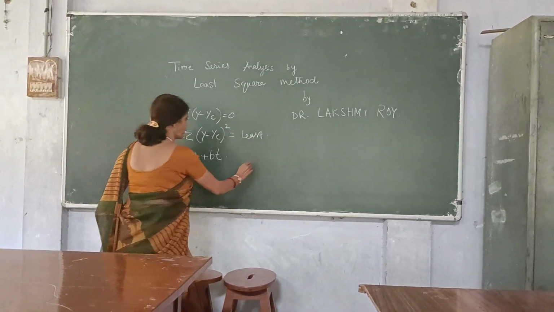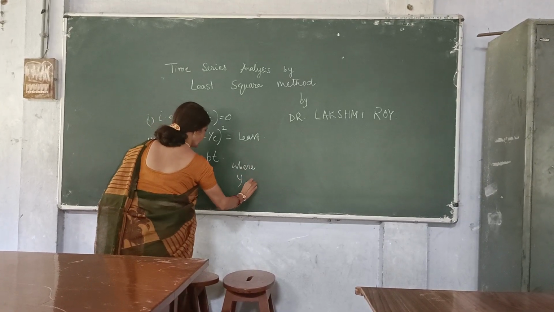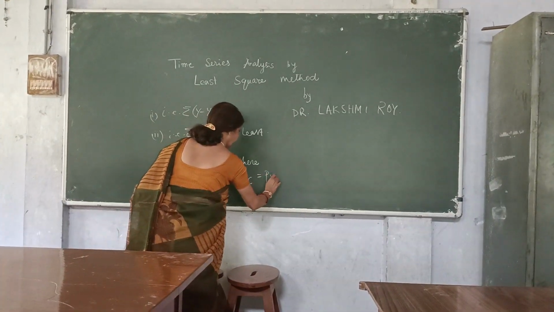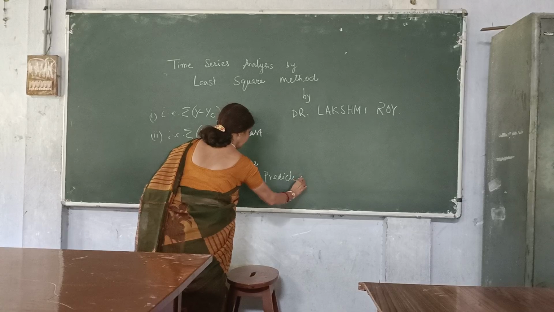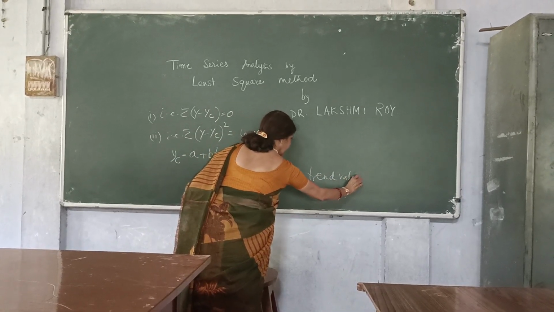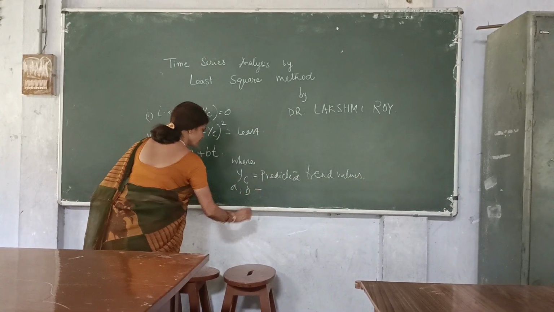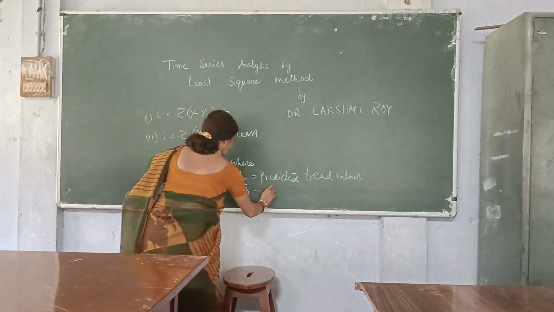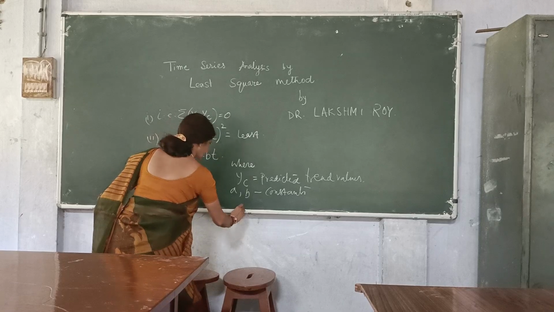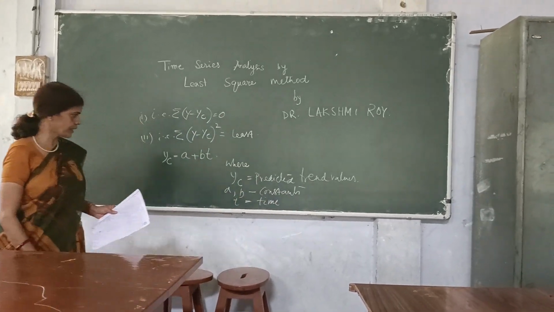Here yc is the predicted trend value. A and b are the constants, and t is the time.